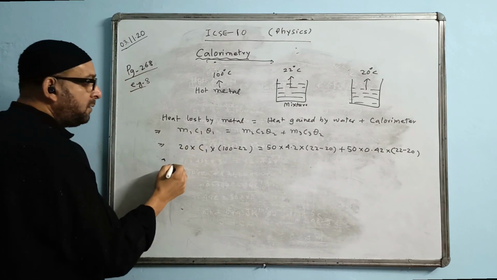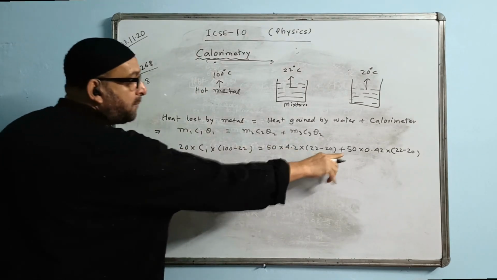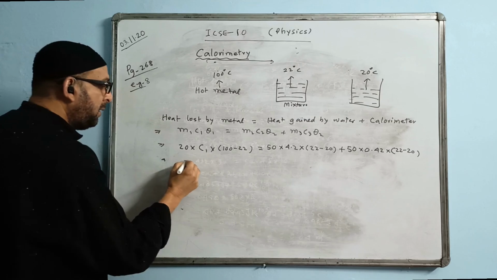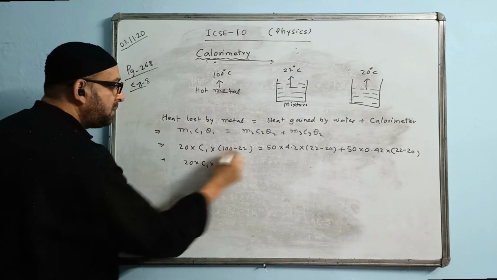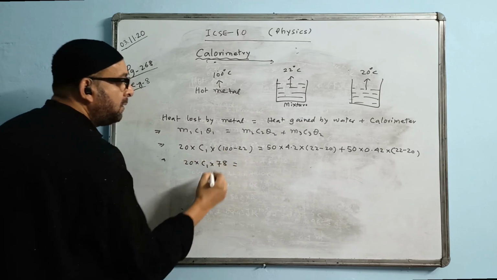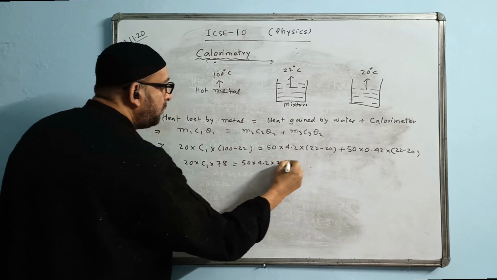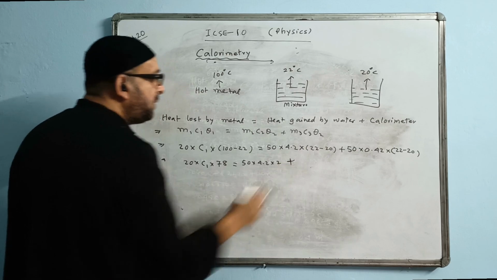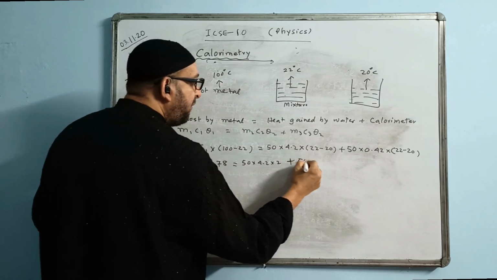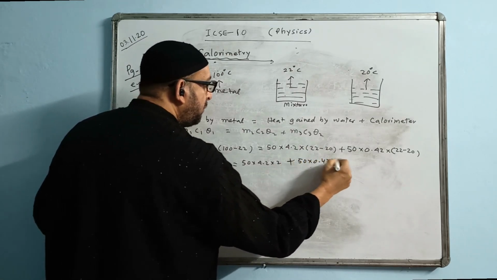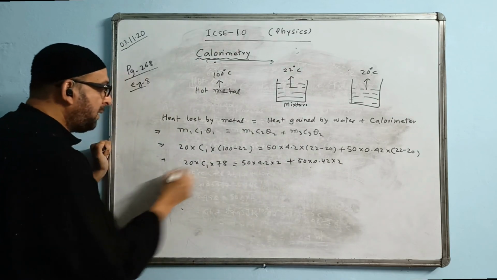Now we will calculate. We will not cancel directly because there is a plus sign in between. So write 20 into C1, and this subtraction gives 78. Here we get 50 into 4.2 into 2, since 22 minus 20 is 2, and here 50 into 0.42 into 2. Let us multiply.